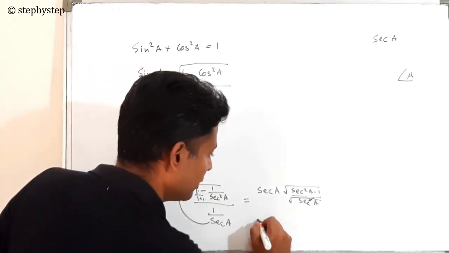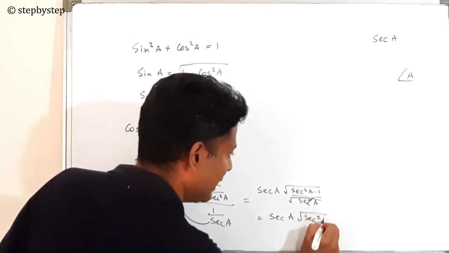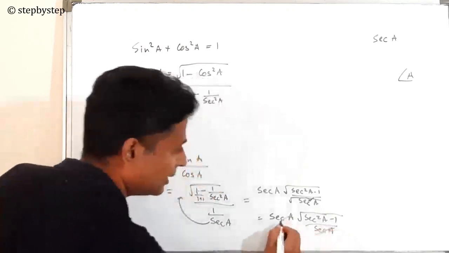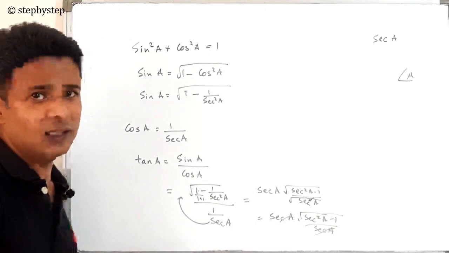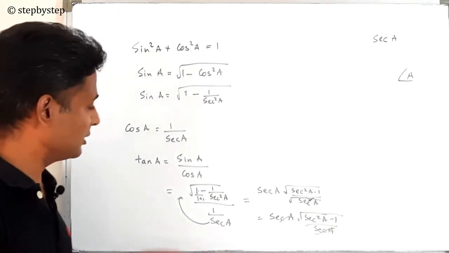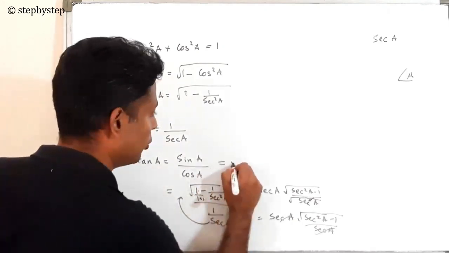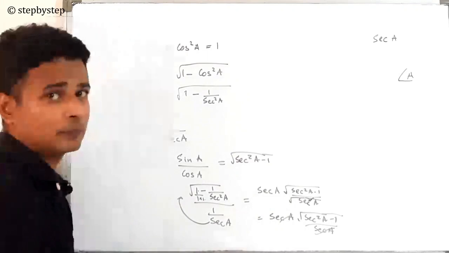So I get sec A into root of sec square A minus 1 by sec A. So this sec A and this sec A cancel. So what is the answer? Root of sec square A minus 1. That is the final answer. So I have written tan in terms of sec square A.